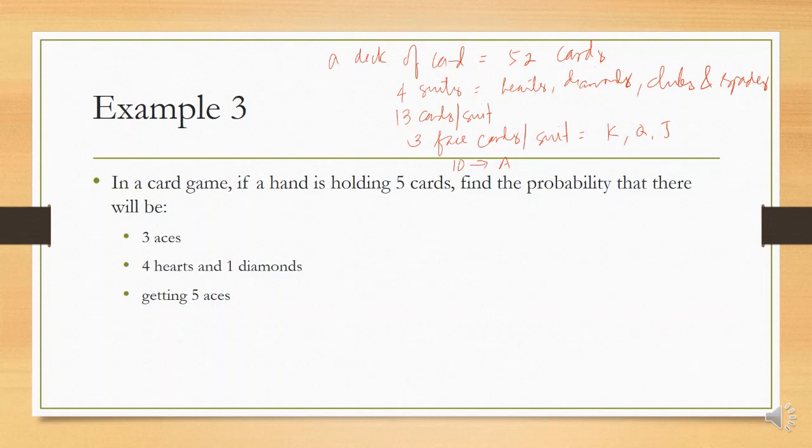Okay, now for our letter A, we are holding 5 cards in a hand. Ibig sabihin, 5 card na hawak ng isang person. Okay? So, meaning, if we are holding 3 aces, this means that we have 2 other cards that we are holding.